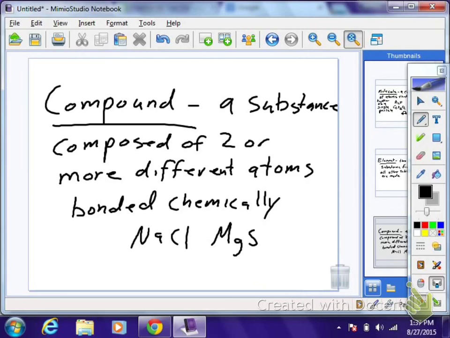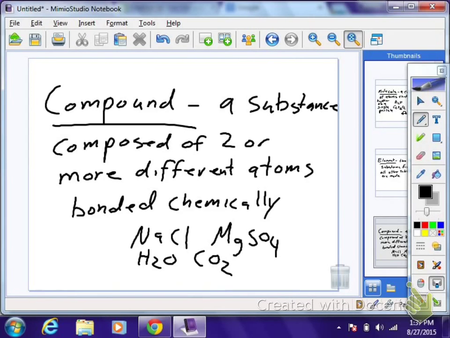It's MgSO4. That would be Epsom salt. The compounds we could also have included in there, substances like water, glucose, carbon dioxide, CO2.